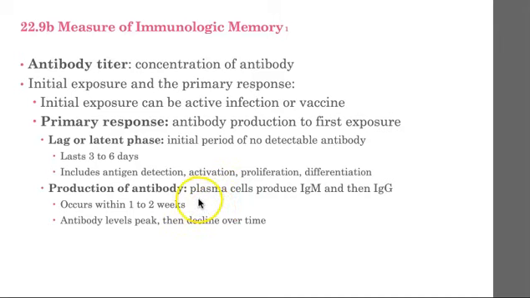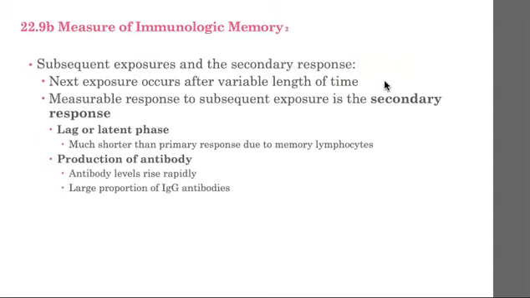Then we have antibody production through our plasma cells to produce IgG and IgM, and this occurs within 1 to 2 weeks. Antibody levels are going to peak and then start to decline. In this process, once again, we create those memory cells, and we are able to keep certain antibodies around to combat when we get re-exposed again.